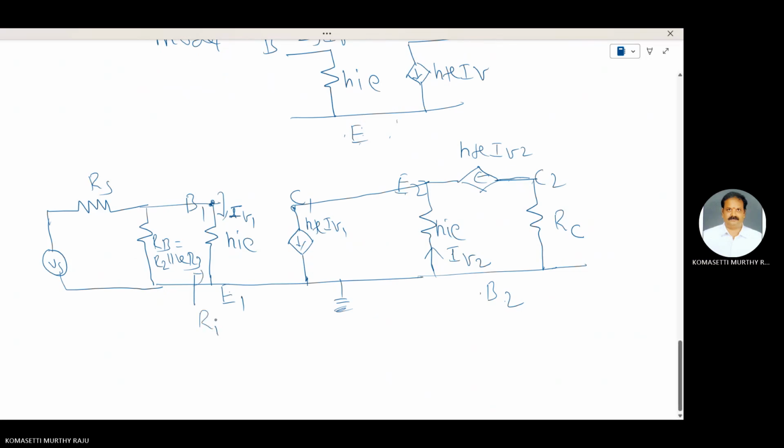RI1 is the input resistance without biasing resistors, RI1 dash.